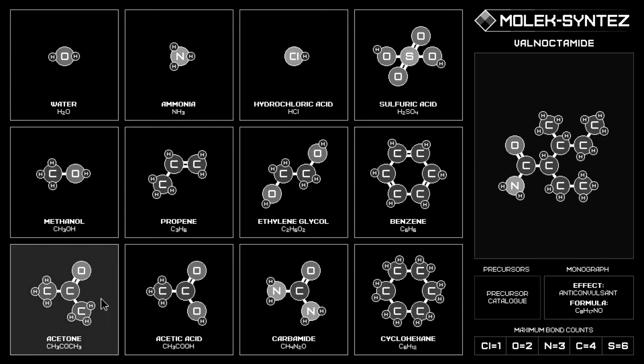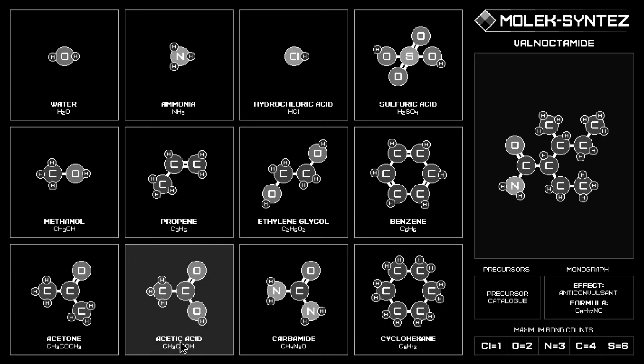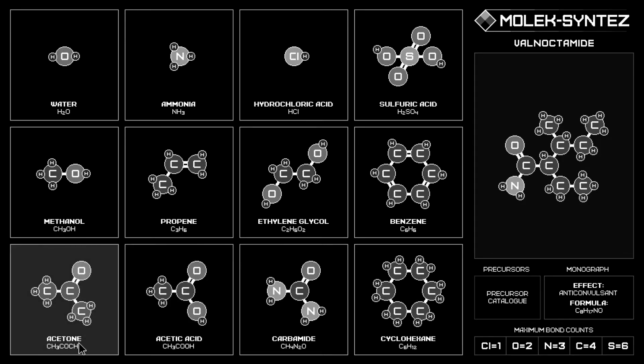Right, and it's just a question of whether we start with this and delete an oxygen, or this and delete a carbon. They seem very similar to me. Does it matter? I don't really see how. Okay, so let's just take acetone, whatever.